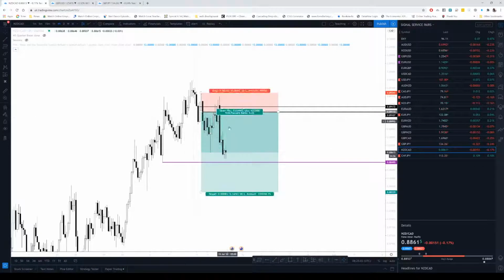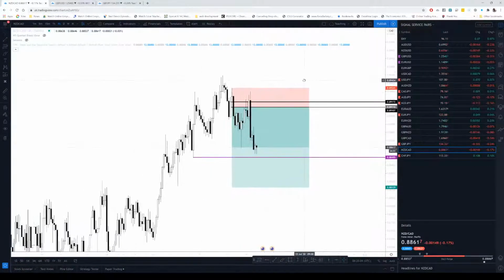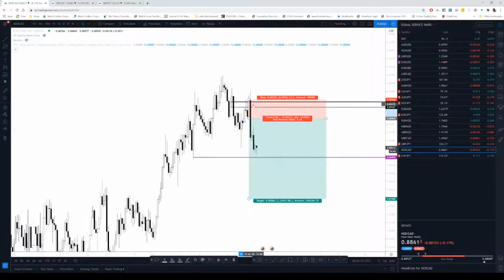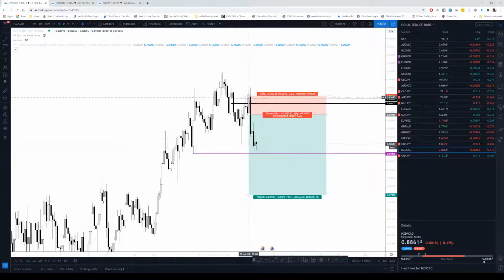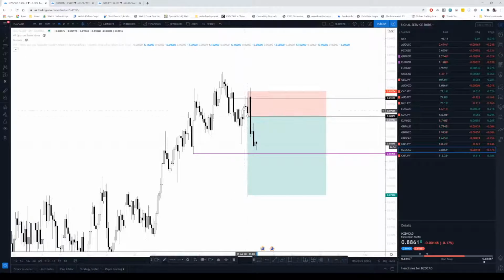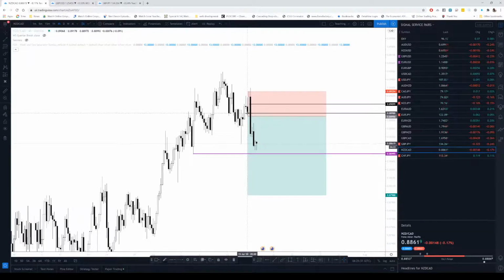Okay, so this was a setup that I had, but I didn't take it. Again, I was just watching to see what price would do. Okay, currently if I want to take another trade, I'll wait for retracement here, to that level, to this low. I prefer the opening price.